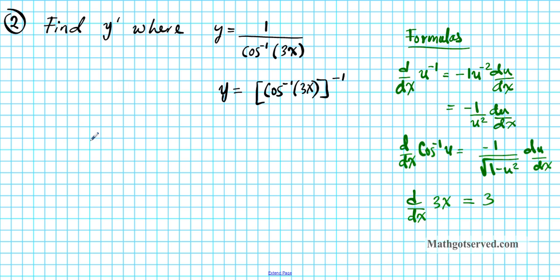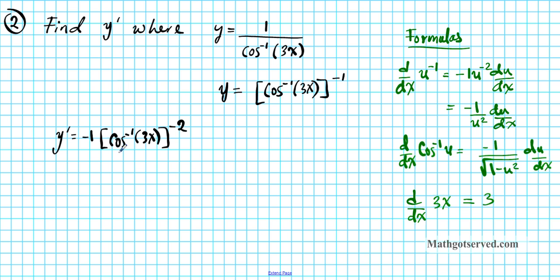So starting with this right here, y prime is going to be negative 1, applying the power rule to the outer function, negative 1 times the arc cosine of 3x raised to the negative 2 power. Okay, so that's the first rule here, negative 1 u to negative 2, or I could have written it as negative 1 over arc cosine of 3x squared.